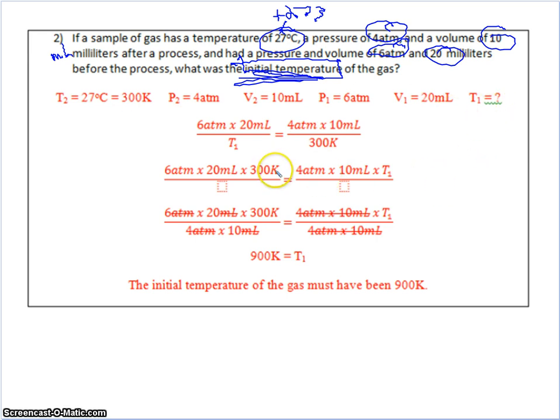So I guess we don't cancel out anything here because everything is changing. We plug it all in. Now we got T1, but got to get it by itself. Problem is it's on the bottom, right? So to get that off, you would multiply T1 to both sides. Oh wait. They just got rid of the fractions completely.